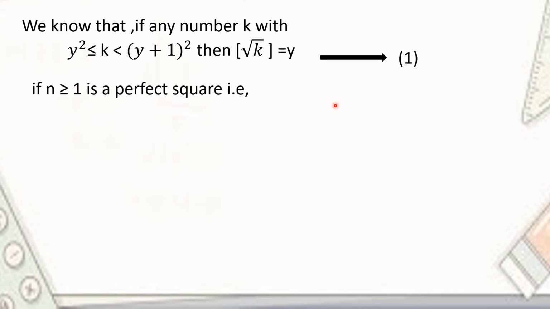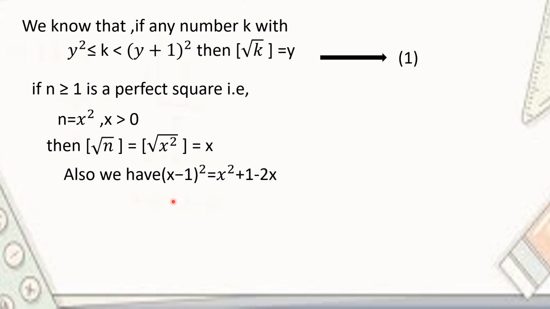So moving forward, if n is greater than or equal to 1 and is a perfect square, that is nothing but n is equal to x square, where x is strictly greater than 0, then the integer part of root n is equal to the integer part of root of x square, which is nothing but x. Also we have x minus 1 the whole square, which is nothing but x square plus 1 minus 2x.